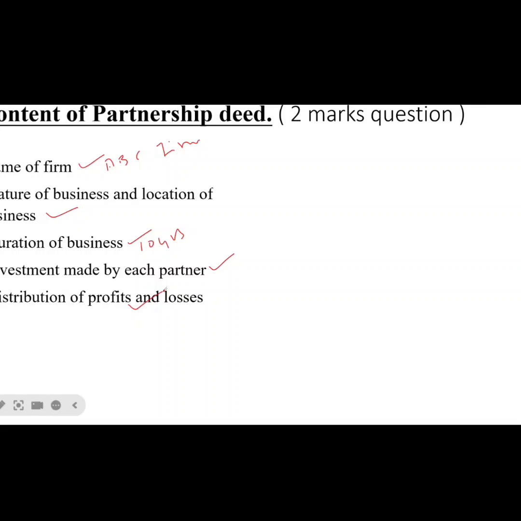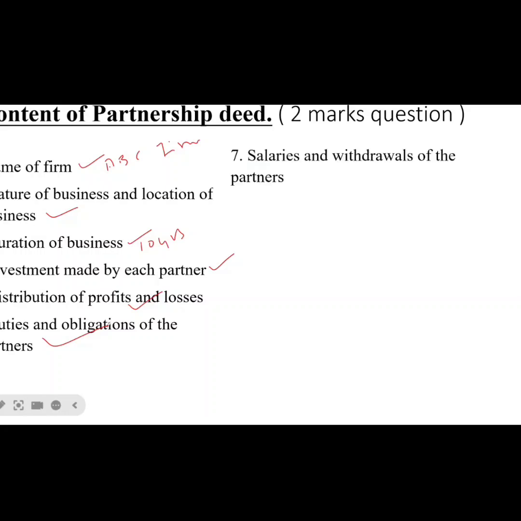The next content is the duties. They have to also clearly specify what duties they have to perform in the partnership firm and what obligations are to be performed in the partnership firm. So they should be clear about their duties and obligations. Next one is the salary.